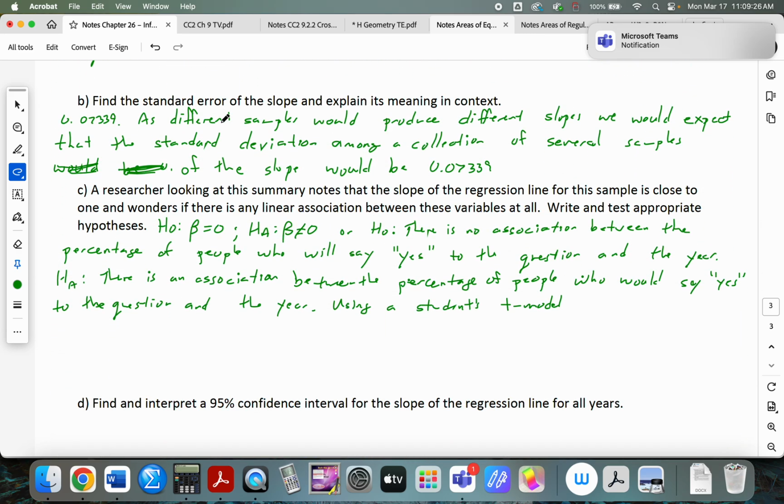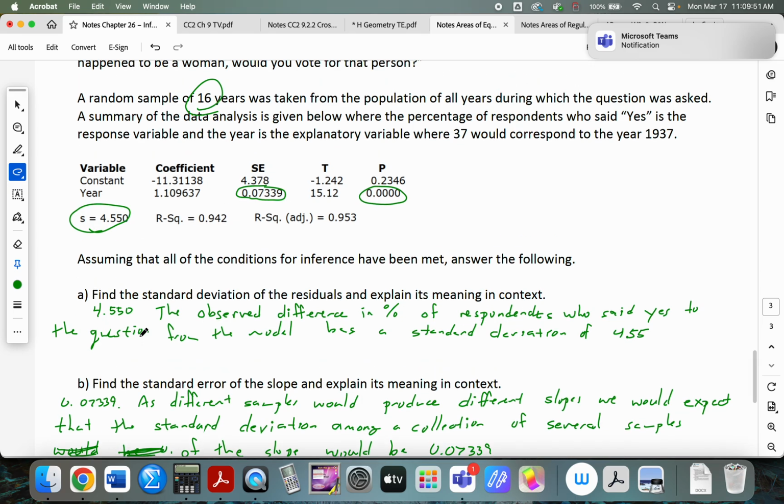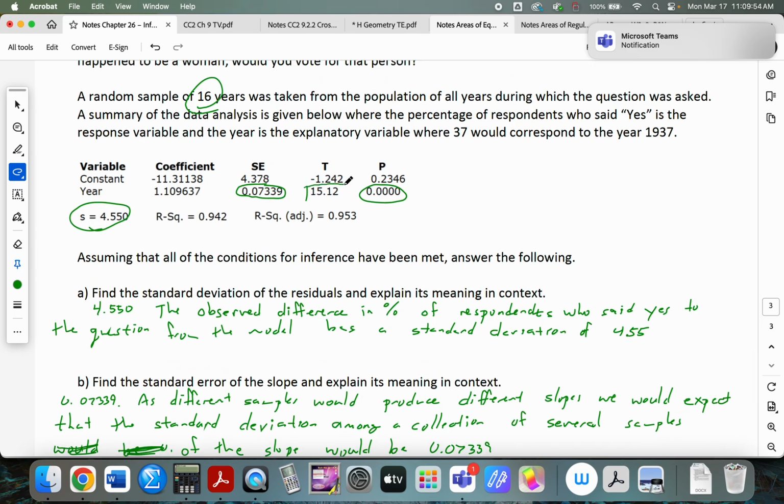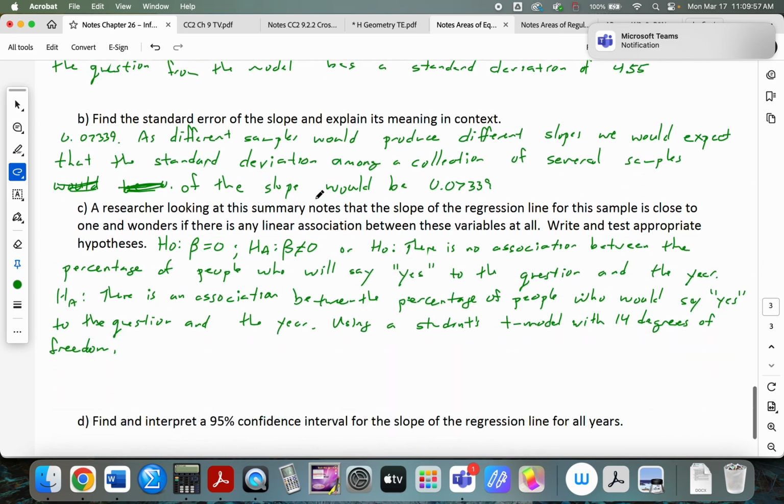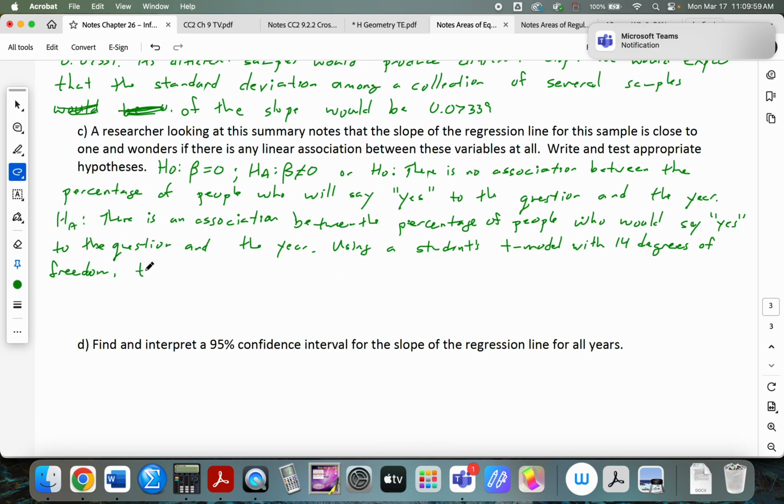So with 14 degrees of freedom, our t-value is 15.12, which means that p is basically 0.